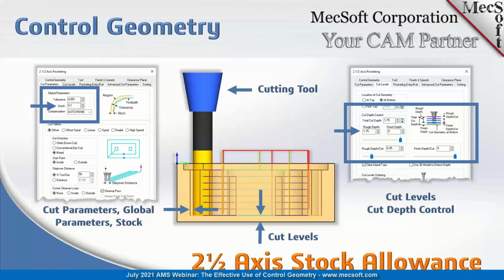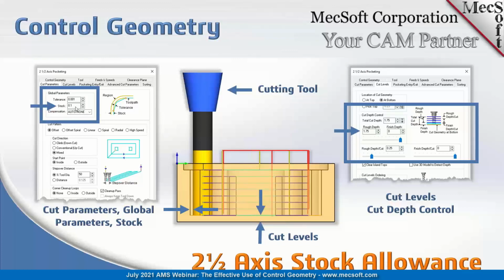Inlays are one example, where you've got thin, small pieces of inlay material, whether it's pearl or other types of wood, where your control geometry can be the same for both the pocket and the profile. And you can just use your stock allowance to control the exact tolerancing of your cut. Over here on the right screen, we're showing the cut levels tab.